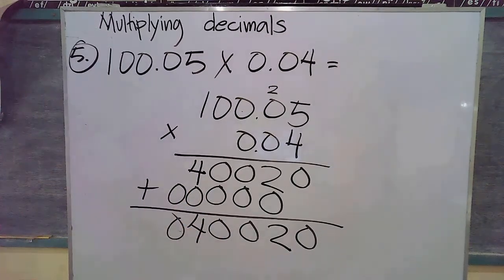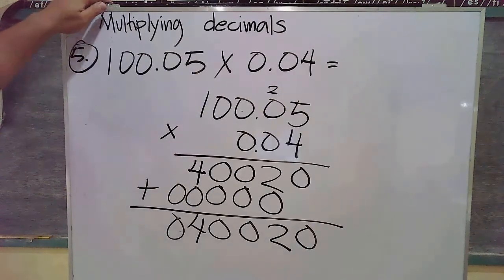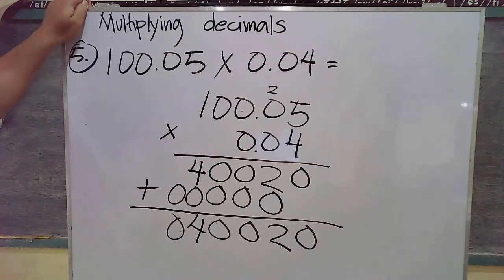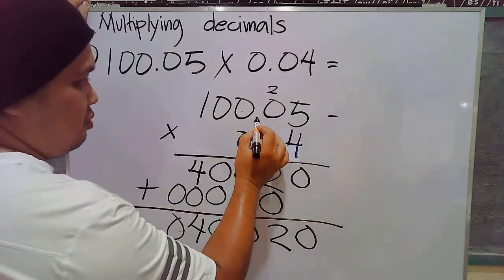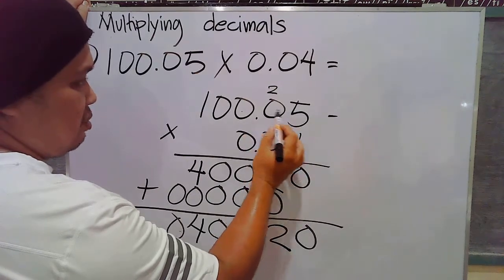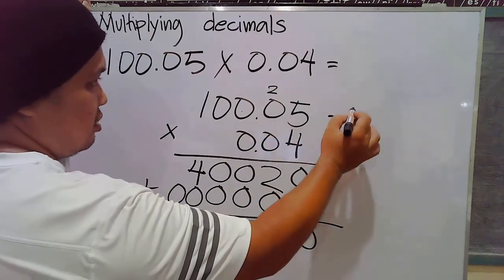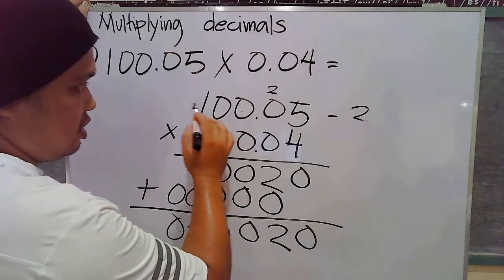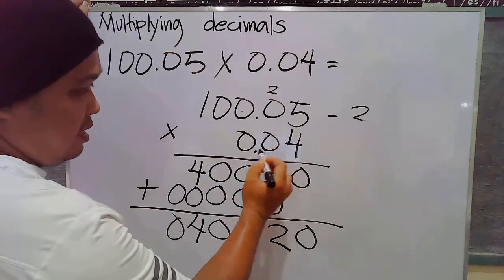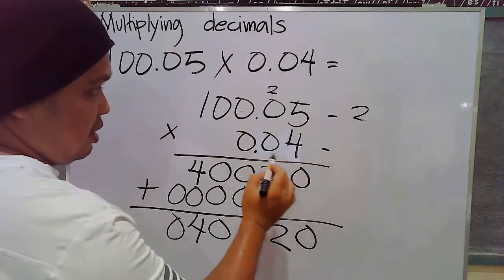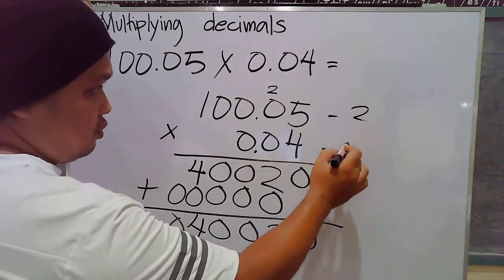Okay. Let's count the number of decimal places after the decimal point from our factors. So if you count here, we have 2 decimal places or 2 digits. So 2 here for this decimal number. Next, here, we have 2 decimal places or digits. So we have 2 also.